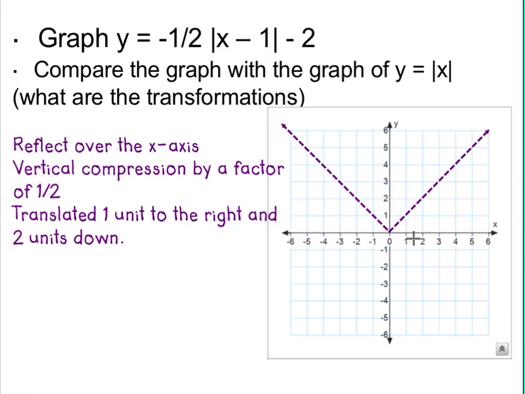Translated 1 unit to the right and 2 units down is going to put my vertex right here, and it's going to be compressed, so really I'm going to go 1 unit to the left and 1/2 a unit down, and then more like this, 1 unit down, so it's going to hit at one of those crosshairs on every other one of these, like so. So it should be something like this, and then the other side is going to mirror that one, and will look like so.